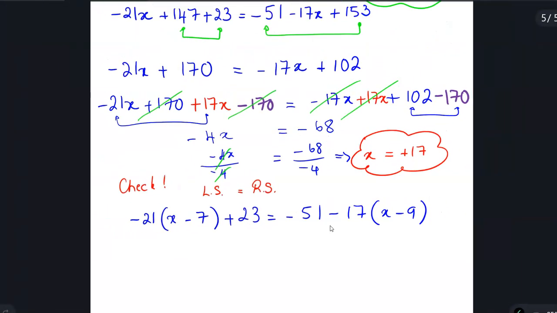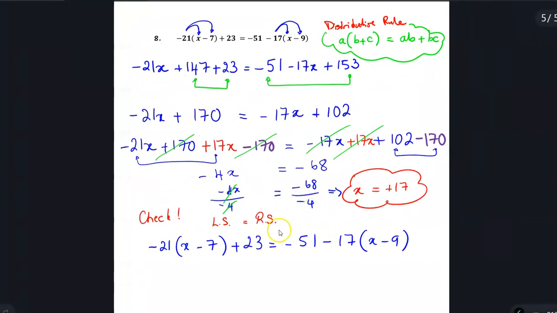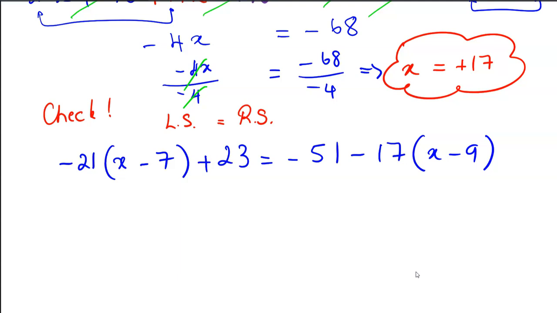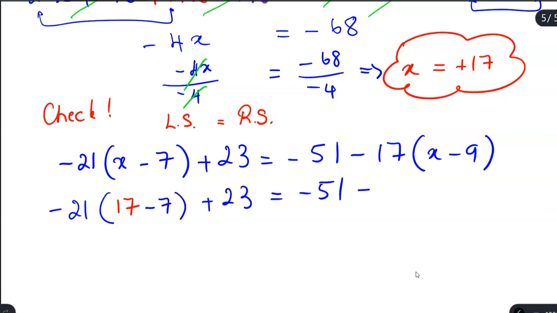Let's see if I wrote everything down correctly. Where the x is, I will replace it with positive 17. As a positive value, I don't need to put a positive at the front.